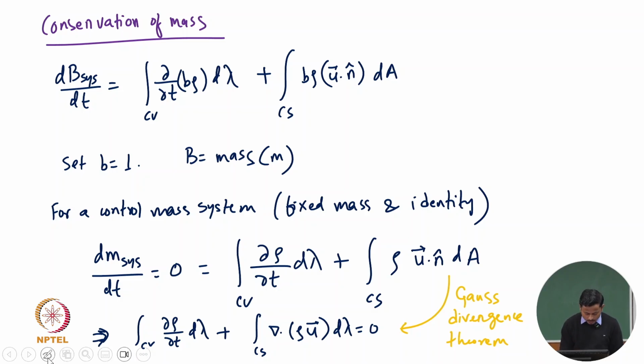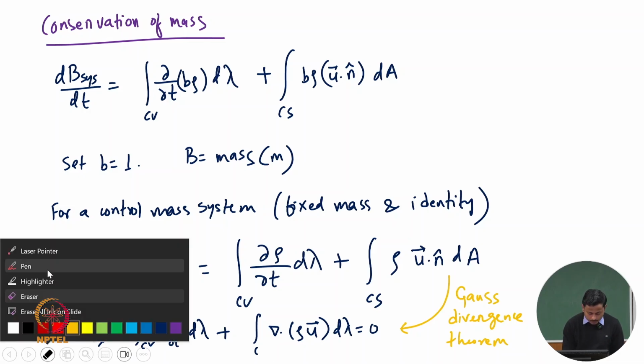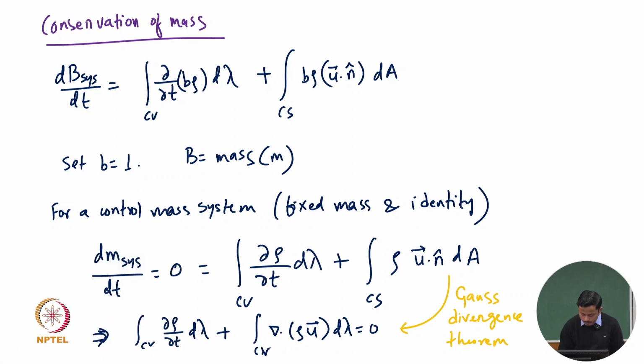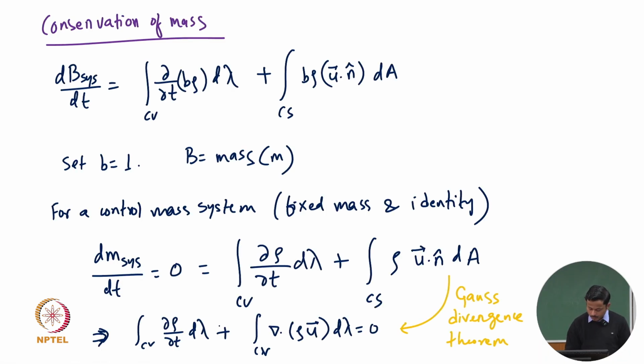Sorry, this is the control volume, and the divergence of this quantity rho u vector over the control volume. After this, because now we have both integrals over the control volume, we can club both of these quantities.